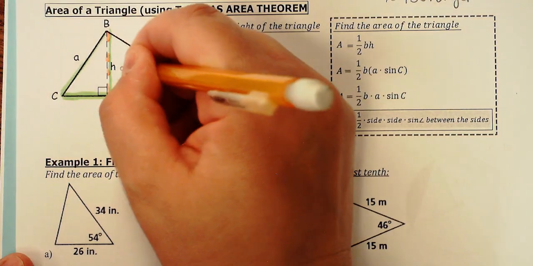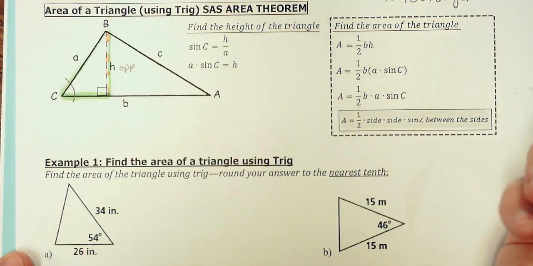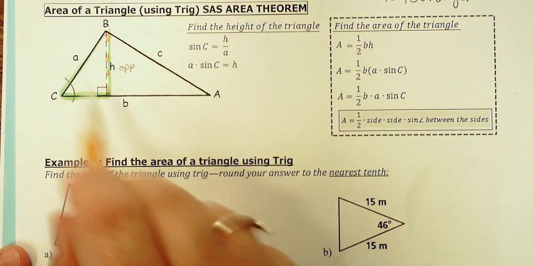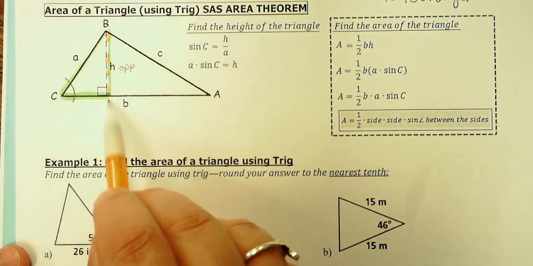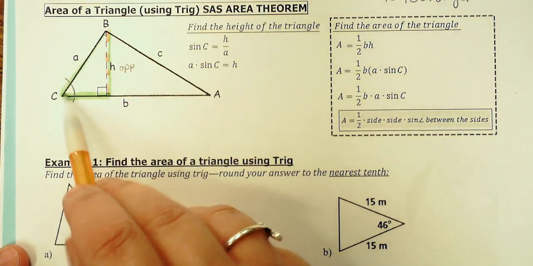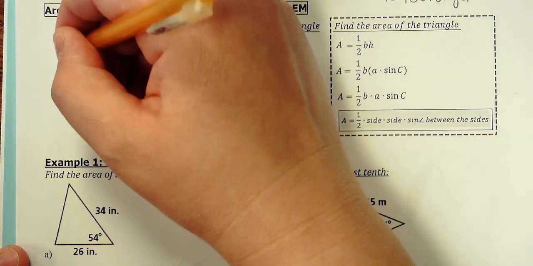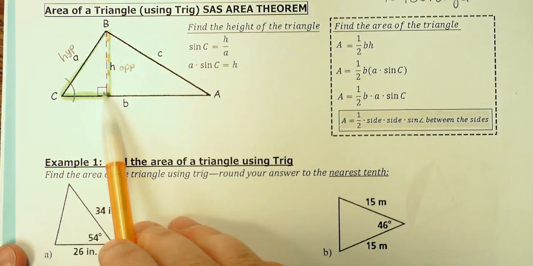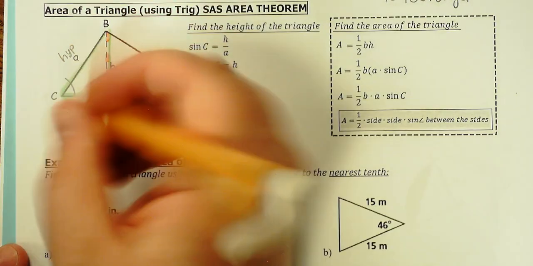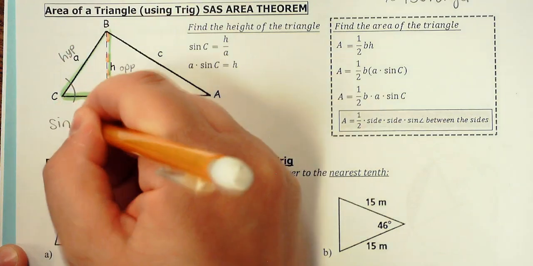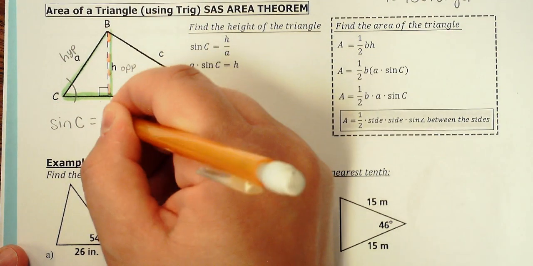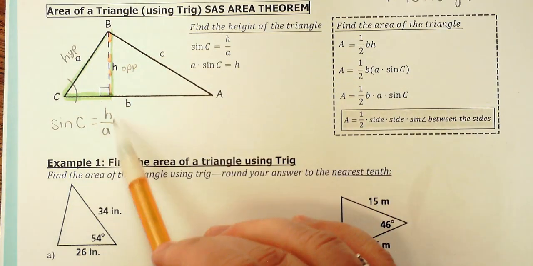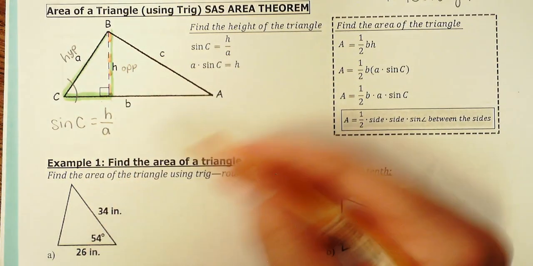The height is opposite angle C, and the base is not included because it kind of cuts off right here, but the other side that is included in this triangle is the A, and that's actually the hypotenuse because of where it's positioned from the right angle. So I would say to you here, the sine of angle C is equal to the opposite over the hypotenuse. So it would be the height of the triangle over that side A. That's all they've written right here.